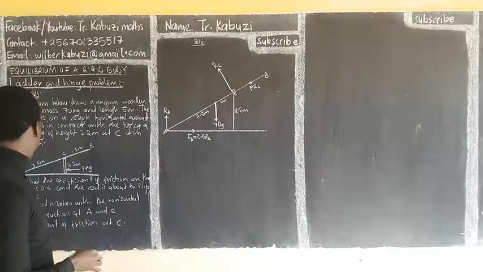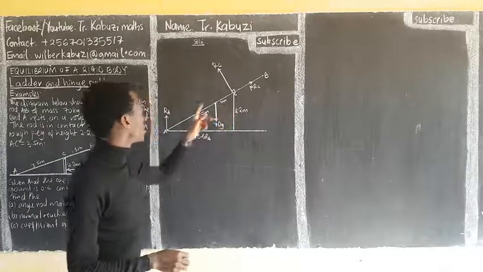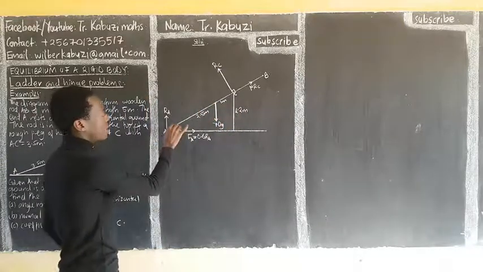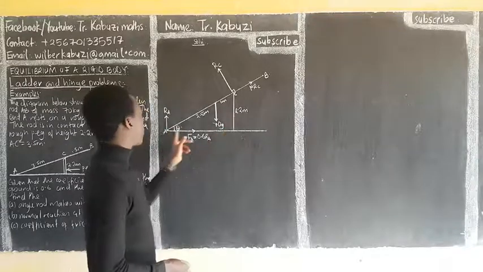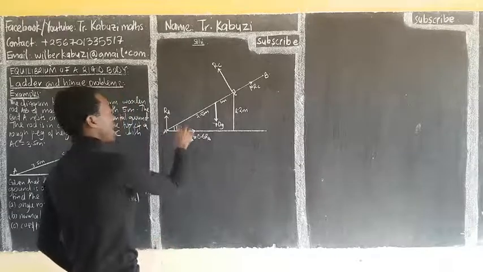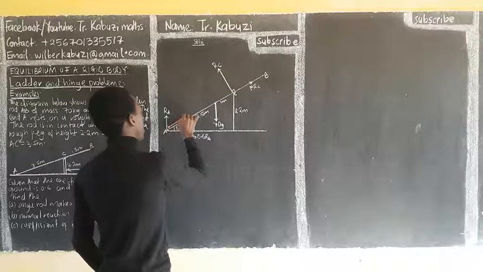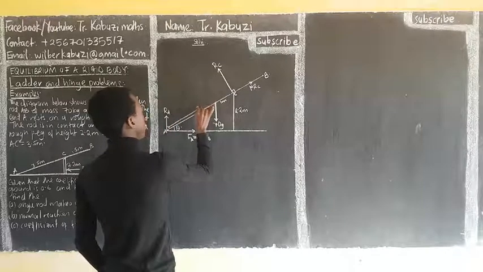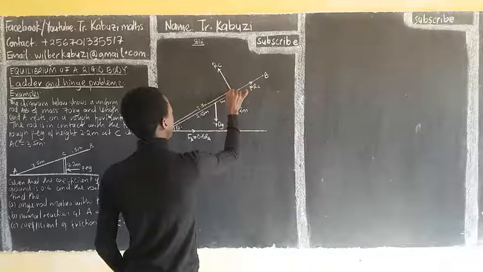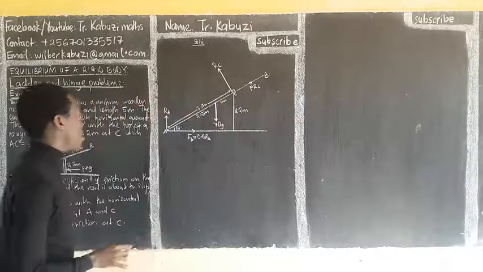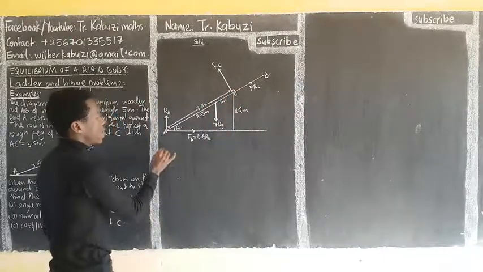Now, after that, we can come and get the angle that the rod AB makes with the horizontal. This is our angle, theta. So we have this, and we have from here up to here, which is 3.5 meters up to that point there. So now I have the hypotenuse and I have the opposite, so there I'm going to use sine.